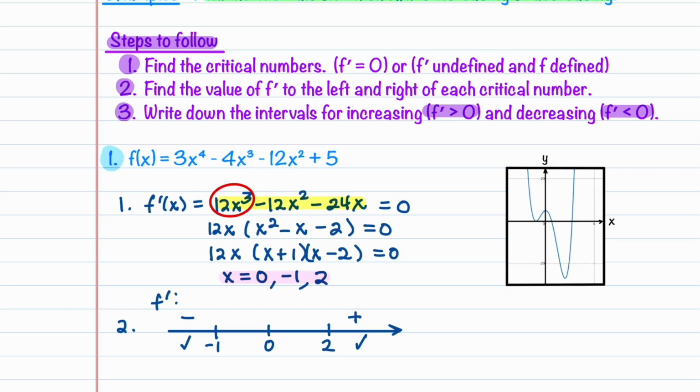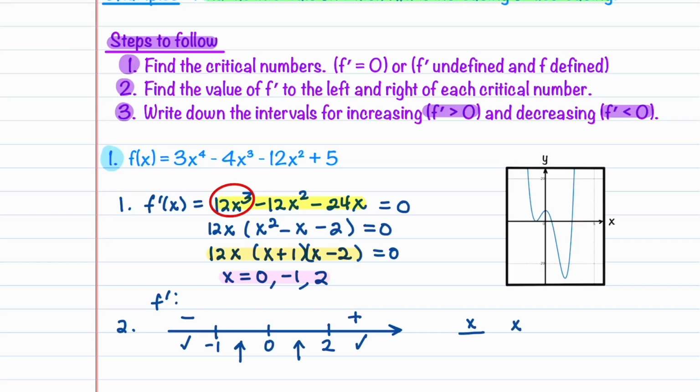Now what we have to do is look at values between -1 and 0, and then between 0 and 2. For this part, I think it's easiest if we look at the factored form of f prime, which is this part right here. Over here on the right, I am going to make a table. I'm going to put down x, and then I'm going to put all of the factors that I highlighted in orange.